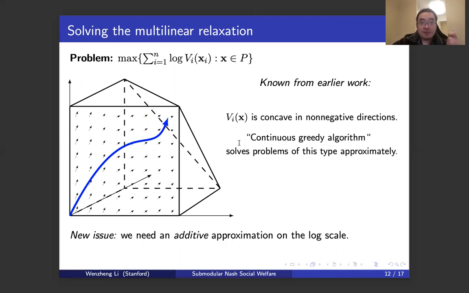So based on that, people invented a type of algorithm called the continuous greedy algorithm to solve problems like social welfare, and this type of problem, approximately. But unfortunately, it's a multiplicative approximation.